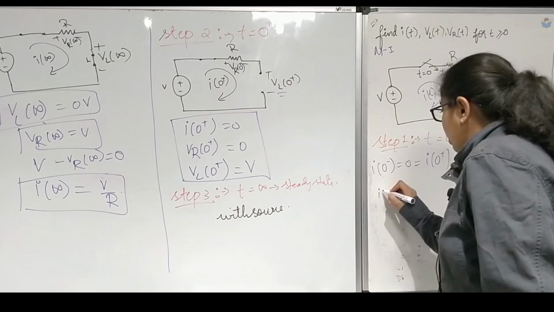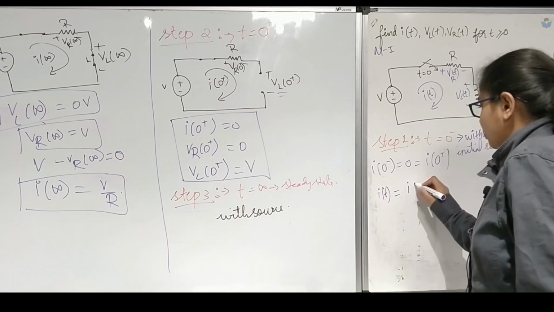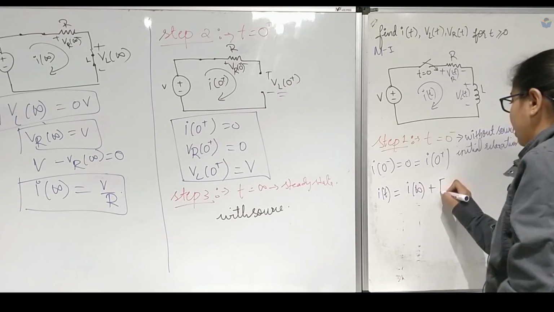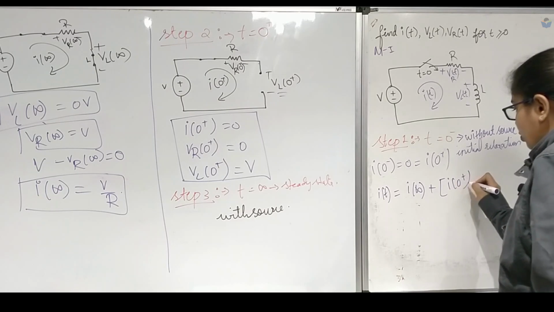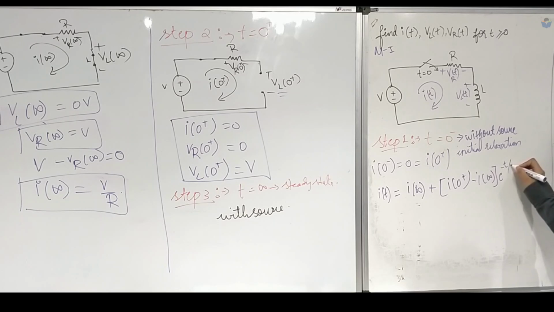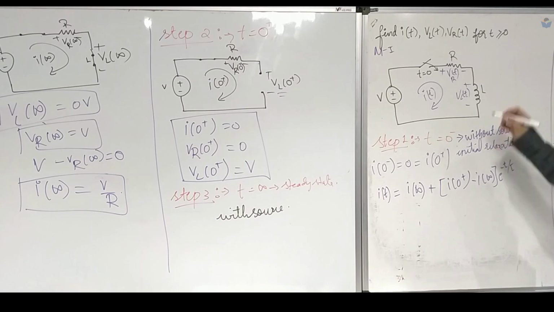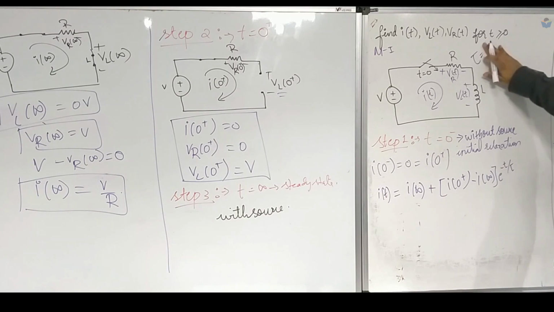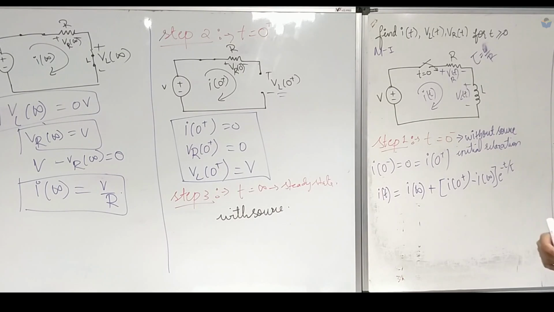So the final value will be I of t equals I infinite plus I at 0 plus minus I infinite, times e to the power minus t by tau. In this case, what is tau? L by R. For an RL network it will be L by R.